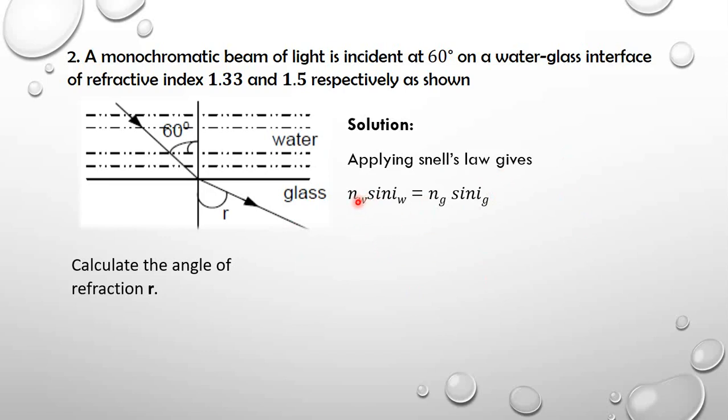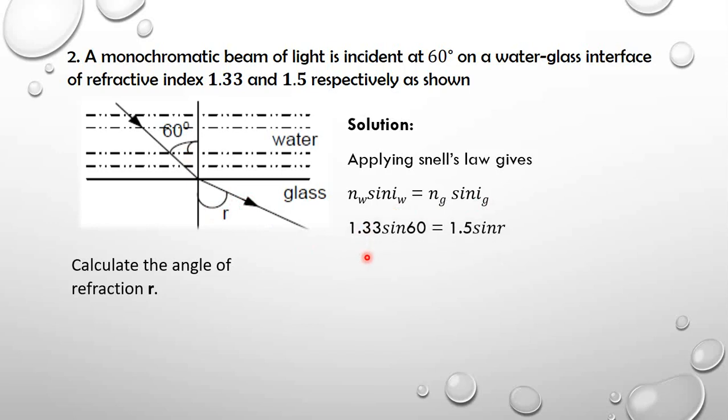So when we replace, the refractive index of water is 1.33, the one for glass is 1.5, and then sine I water is the angle of incidence here in the water, which is 60, and then sine I glass is this R here. So we shall replace that.